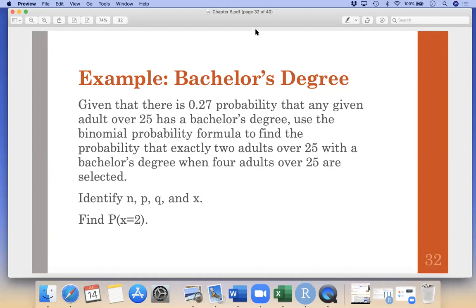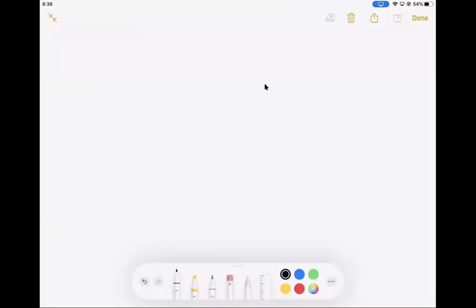Now I will show you how to do this example. This is slide number 32, bachelor's degree. The first thing you have to identify is what your n is. It is 4. Then what is p? It's 0.27. Then what is q? It's 1 minus p.